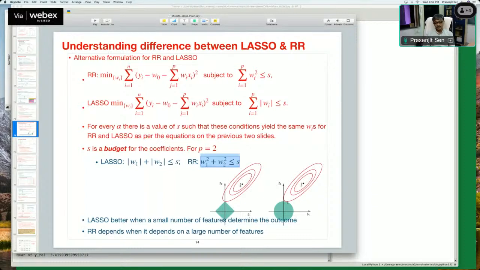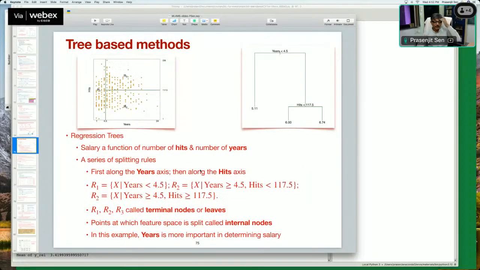This is a subtle difference between lasso and Ridge regression, and the bottom line is that lasso leads to some of the coefficients being exactly equal to 0. All right, so that's the difference between lasso and Ridge regression.